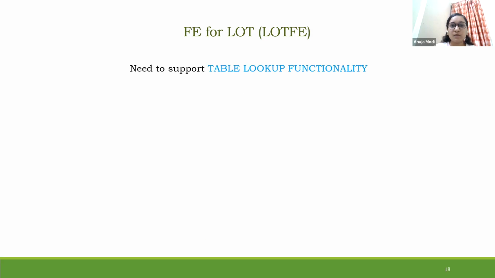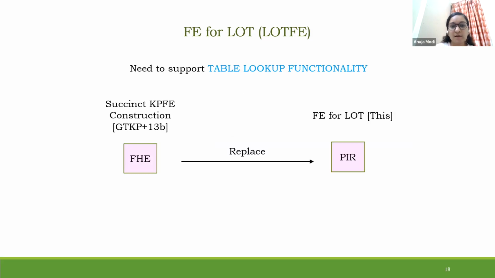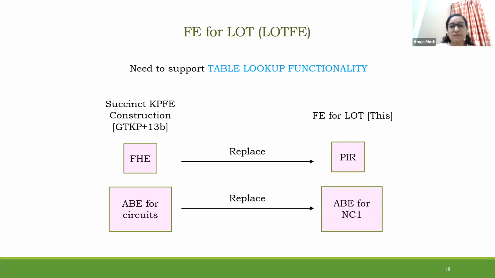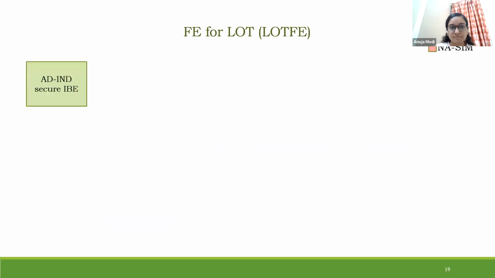So to construct FE for laconic OT, we need to support the table lookup functionality. We can replace FHE, which was used in the construction of succinct KP-ABE of Goldwasser et al., by a much weaker PIR. And we can also replace ABE for circuits by a much weaker ABE for NC1.